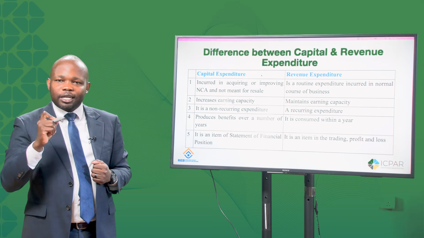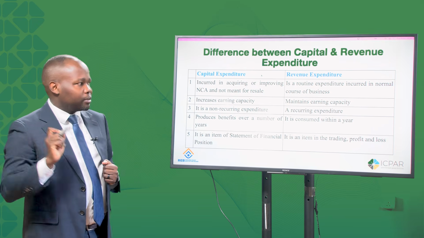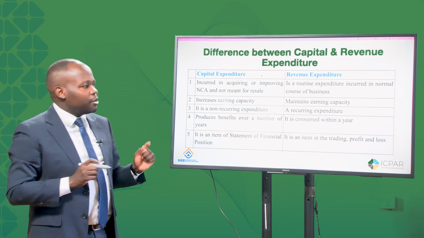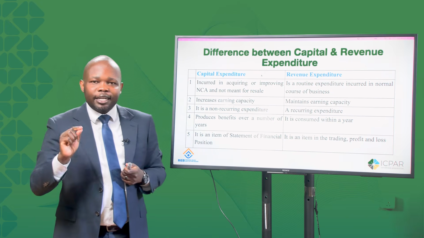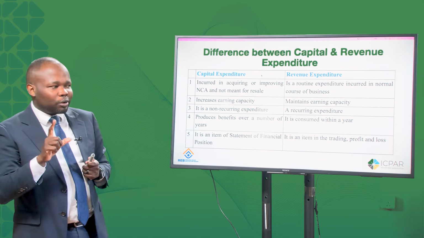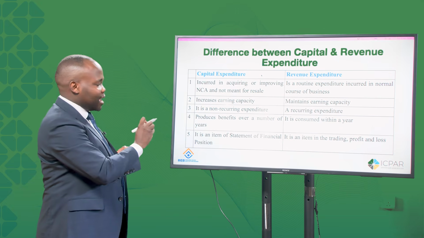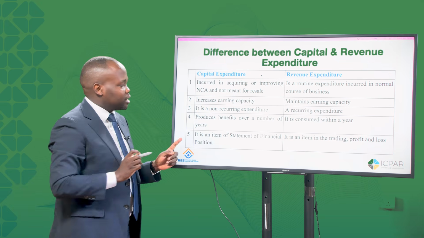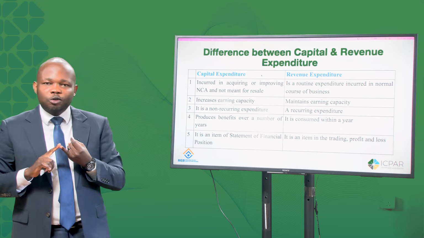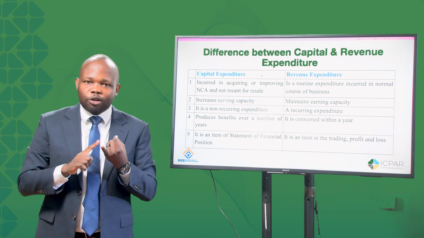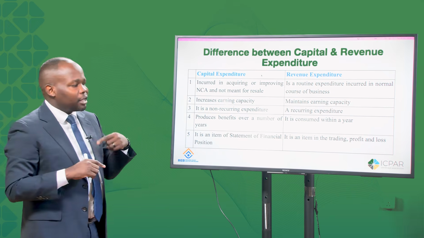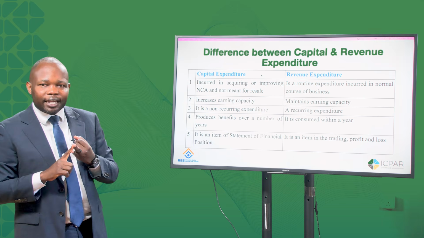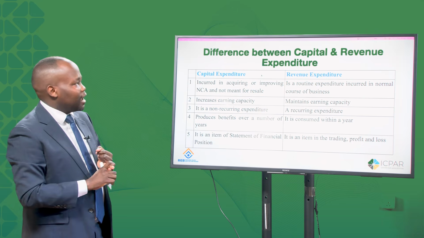In other words, capital expenditure are long-term. On the other hand, revenue expenditure, it is consumed within a year. It is only spent within 12 months. The last difference, on capital expenditure, it is an item that goes to the statement of financial position, while revenue expenditure is an item that goes to the P&L, profit or loss account.